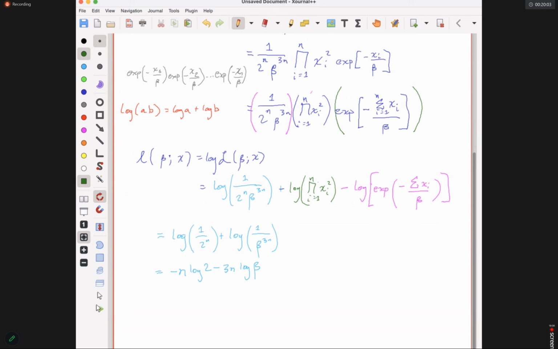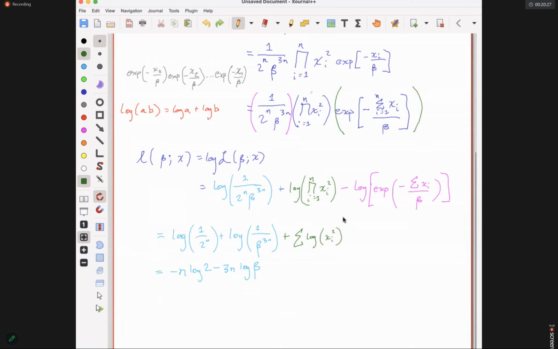And I'm also still taking a product of things inside of a logarithm. So I can change that to a sum. I'll do that in 2 separate steps. So I'll take this product and turn it to a sum. So I have the sum of the log of xi squared.